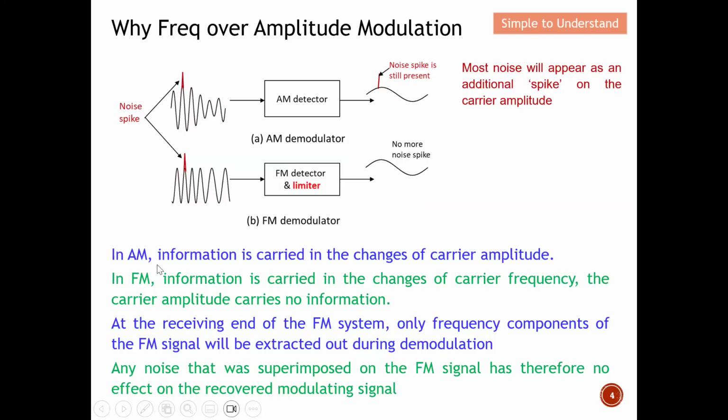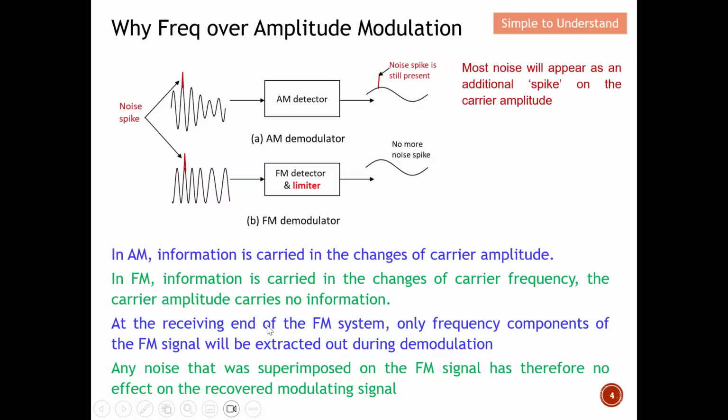So in AM, the information is carried in the change of carrier amplitude, which means that for amplitude modulation, the information happens at the carrier amplitude. While in FM, the information is carried in the carrier frequency, which means that the frequency varies and the amplitude does not carry any information.